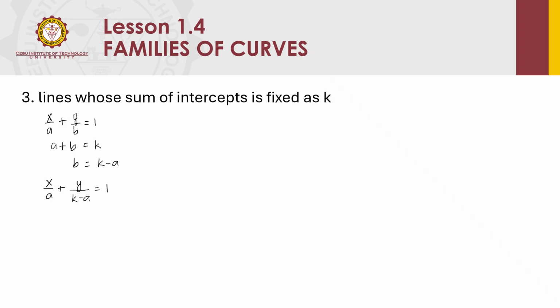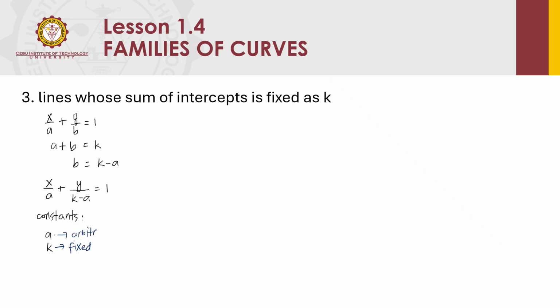Okay. So we are going to eliminate the arbitrary constant. Let's classify first which of the two is the arbitrary constant. So we have two constants, a and k. Since k is fixed, a is our arbitrary constant.